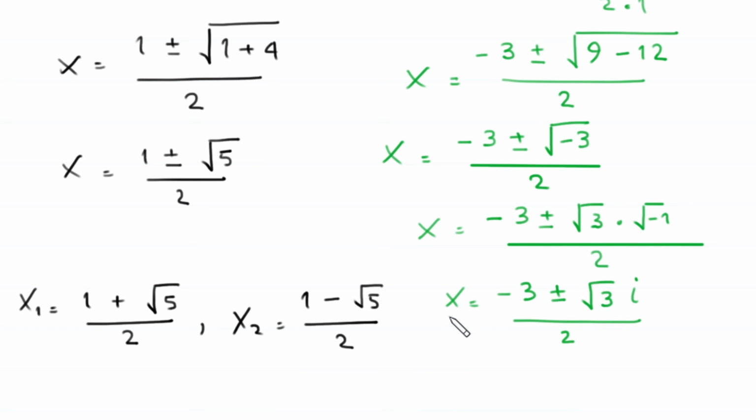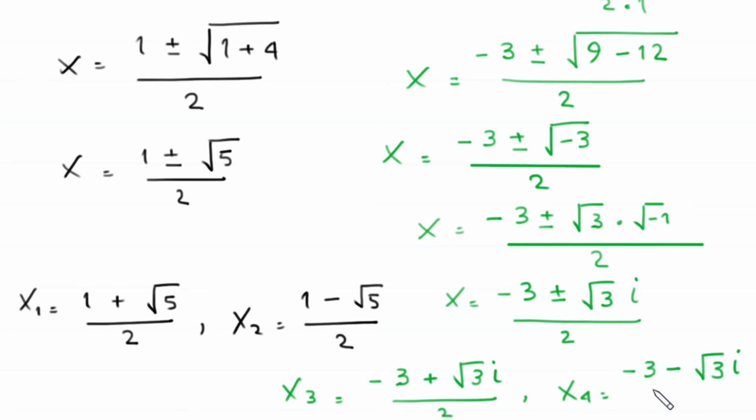So from here we get other two solutions. x3 is equal to (negative 3 plus root 3 i) divided by 2, and x4 is equal to (negative 3 minus root 3 i) divided by 2.